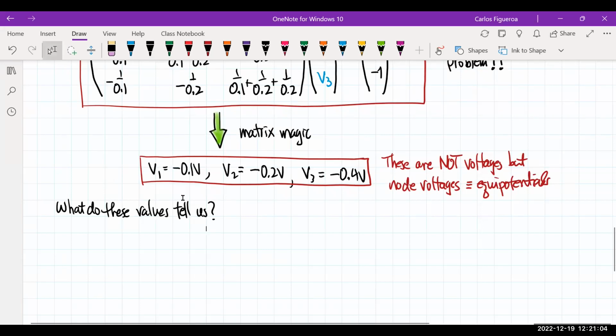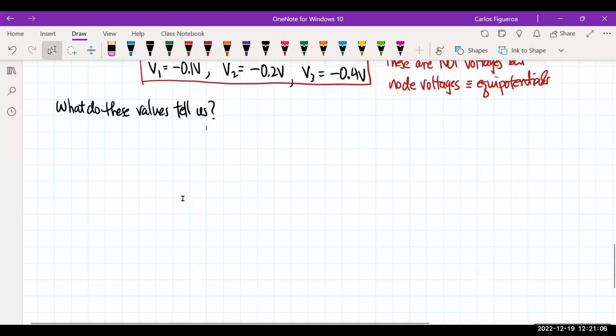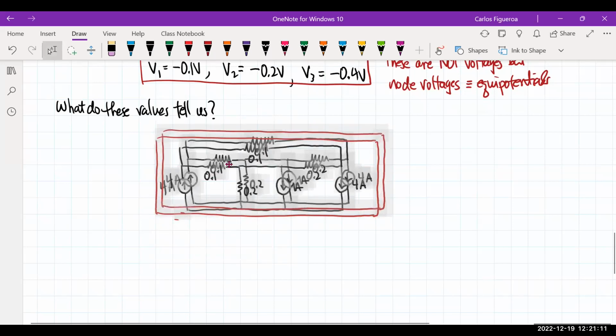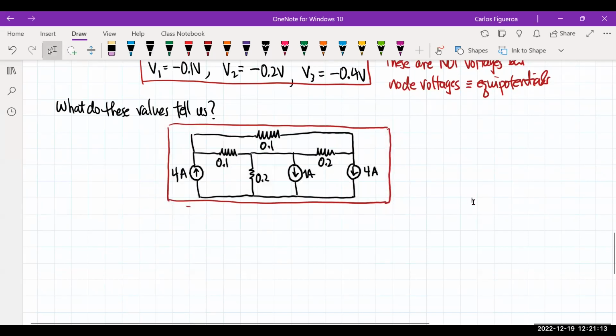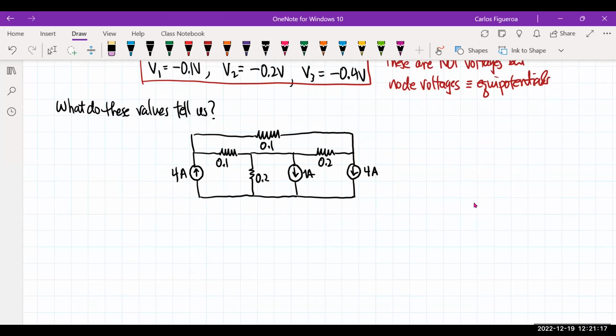So what I'm going to do here, I'm hoping I still have it. Yeah, good, I still have it right here. So let's go look at what we've done. Here's our circuit, and we know that this is the ground. So now I'm going to put in the numerical values for these guys.